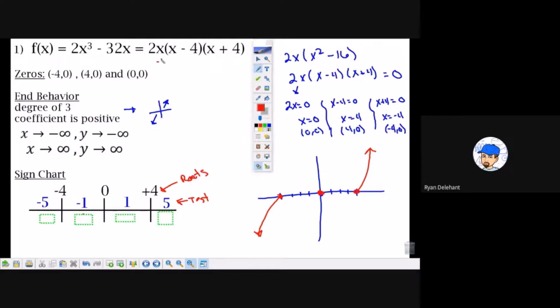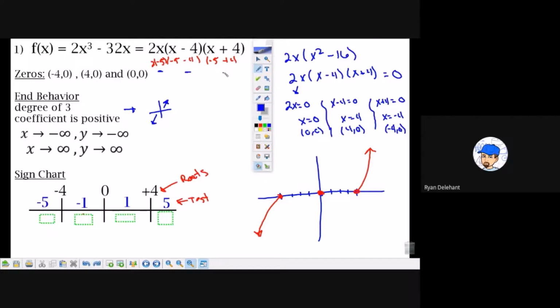So if we put the -5 here, what happens? Well, let's not worry about the actual numbers. Let's just worry about the sign. 2 times -5 is negative. -5 minus 4 is going to be negative. And -5 plus 4 is going to be negative.